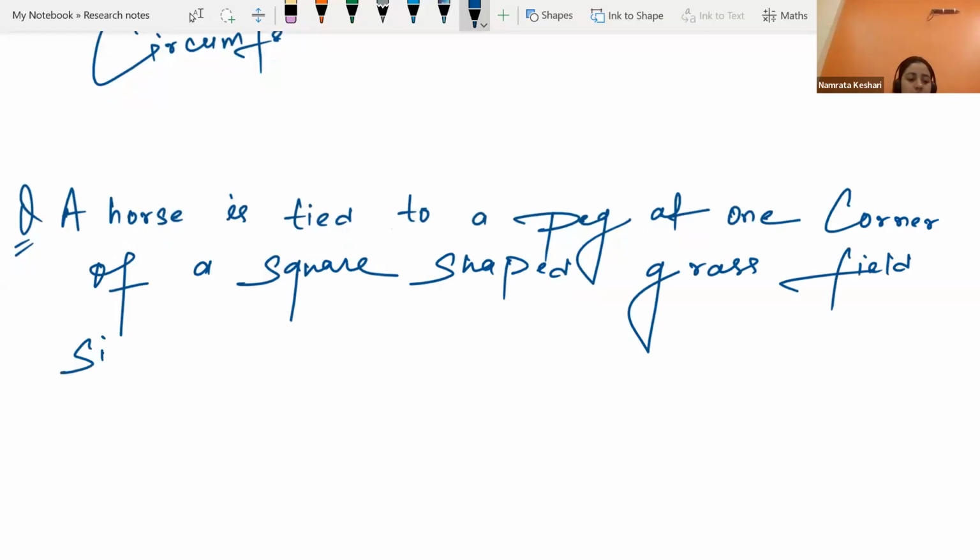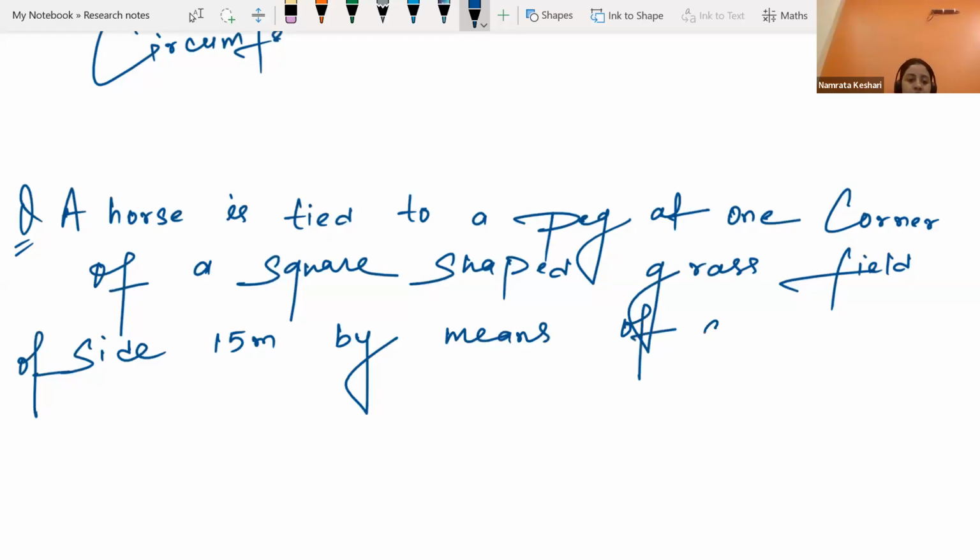Side is given as 15 meter, by means of a 5 meter long rope.